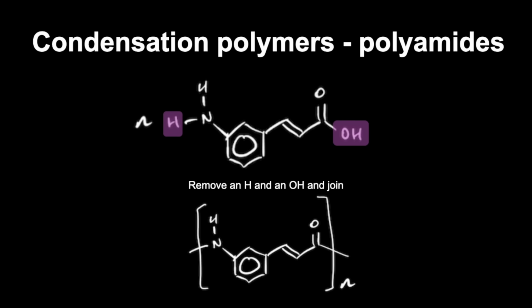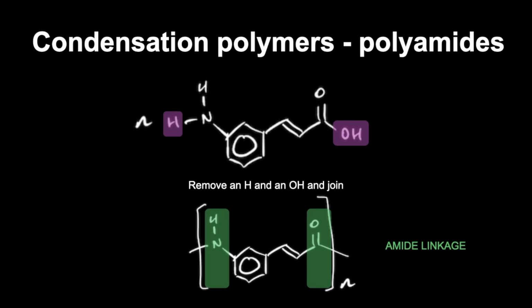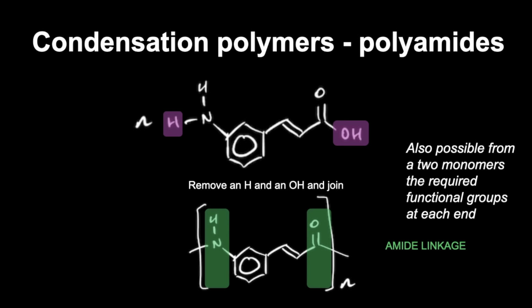It would look like that. So there's the amide linkage there. Obviously that's split across the repeat unit, but remember what's going to be at the end of that bond there, it's going to be the beginnings of the next repeat unit. So you'd have the nitrogen with the hydrogen on, so your amide linkage would also be there as well. And obviously that's possible from 2 monomers with the required functional groups at each end.